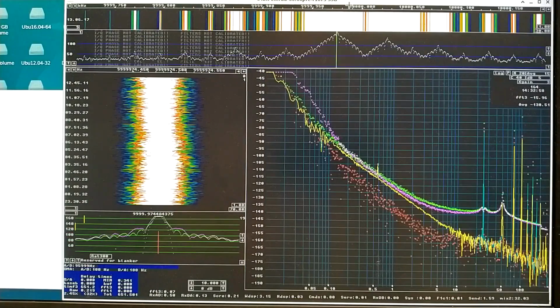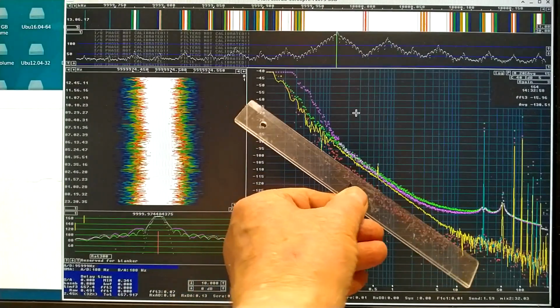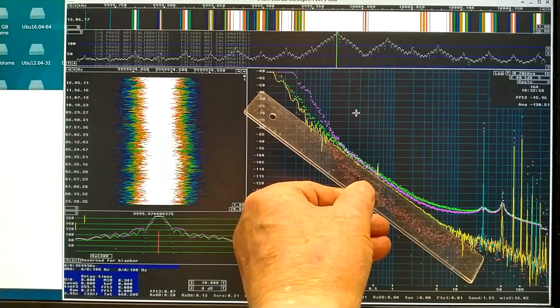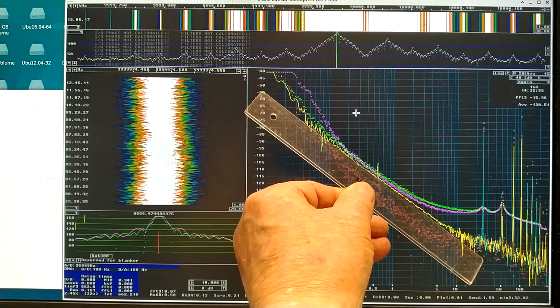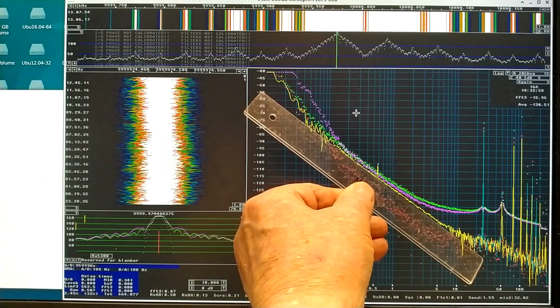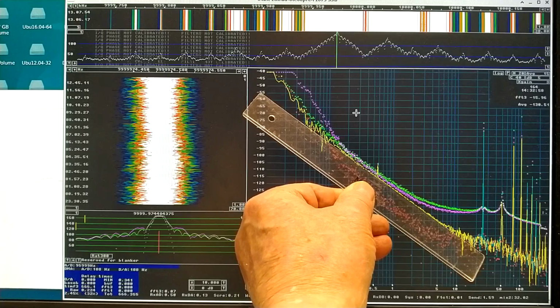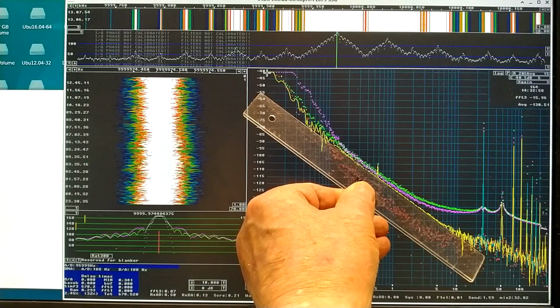I have set very slow parameters so I can go very close to the carrier. When I look here, I have a straight line over some fairly large distance, but at 0.2 Hertz it starts to deviate, and here at 0.01 Hertz the difference is 15 decibels or even more.